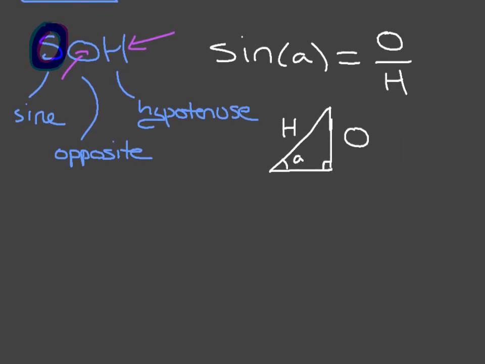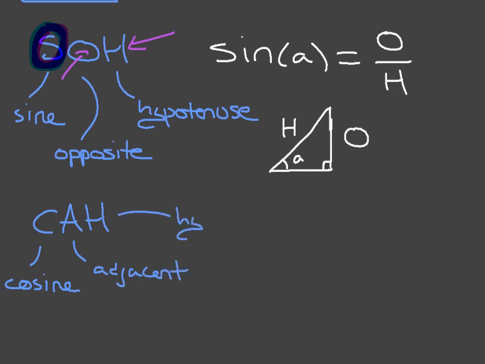In a similar way, if we look at Cah, the C in this case stands for cosine. The capital A stands for adjacent, and the capital H, again, just as before, stands for hypotenuse.